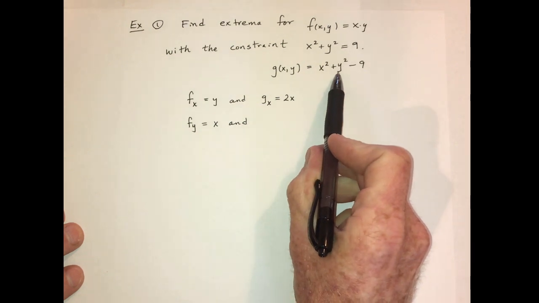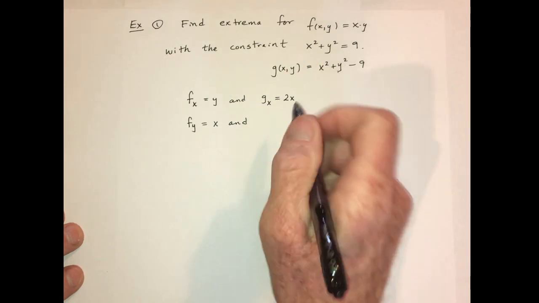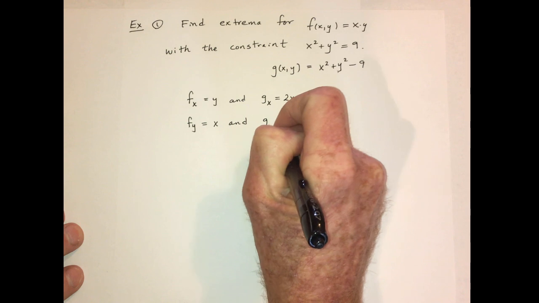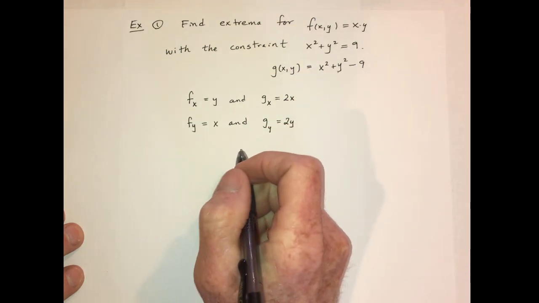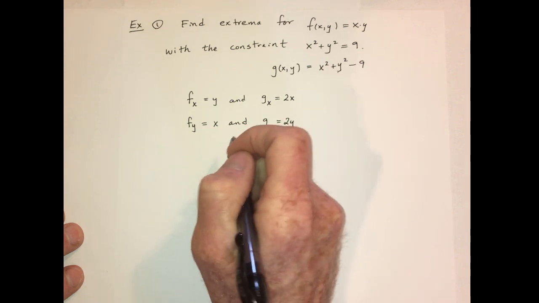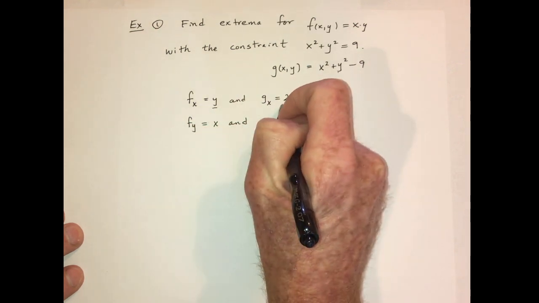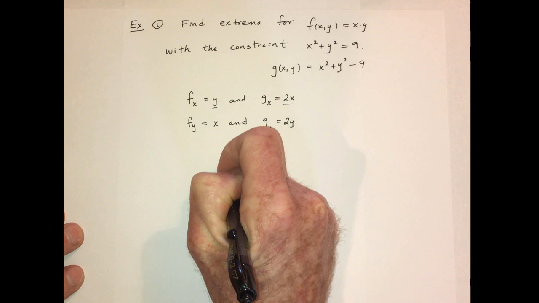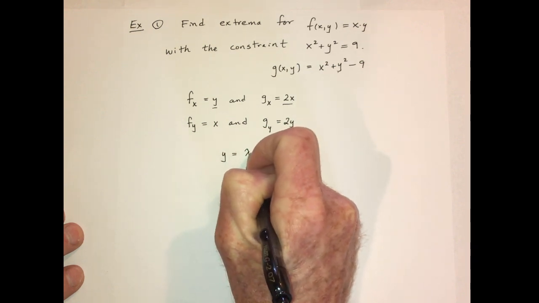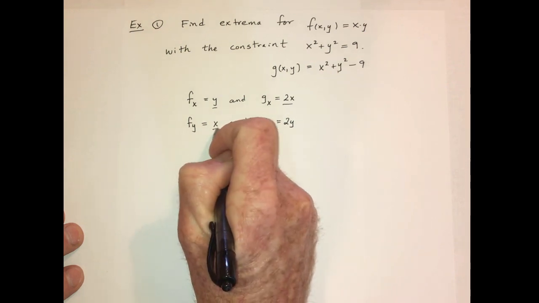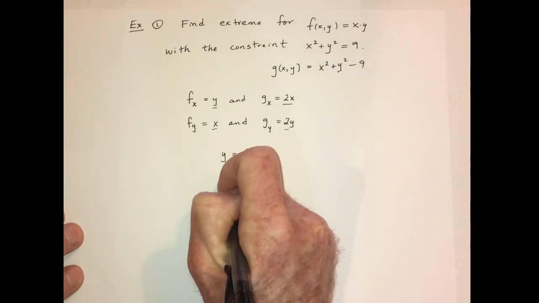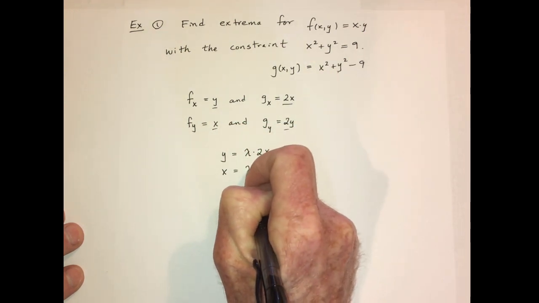And for g, it's going to be 2y. Now do the lambda part. The first equation says y equals 2x lambda, and this one says x equals 2y lambda.